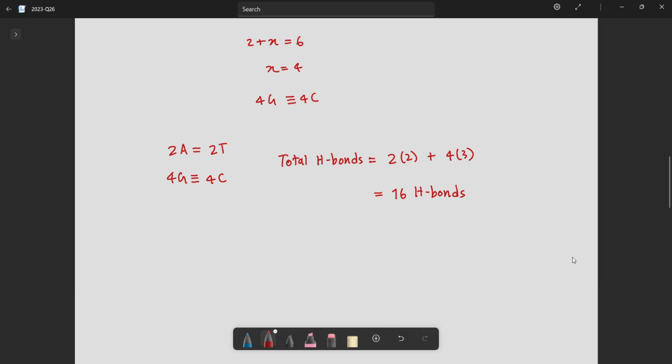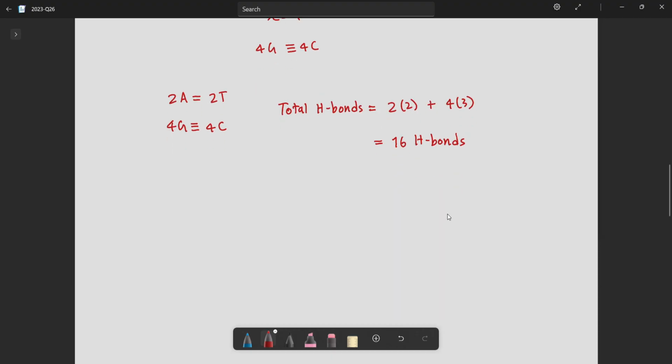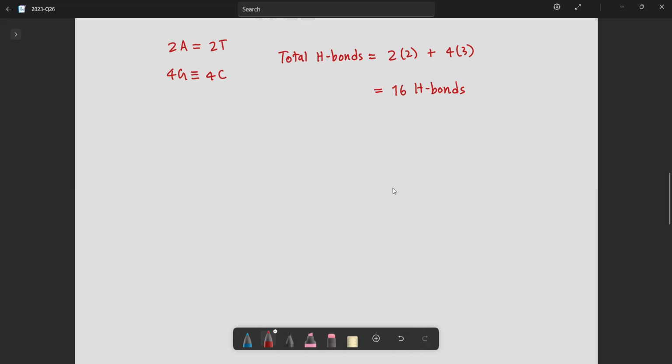Moving forward, we must also identify which are purines and which are pyrimidines. As I've mentioned before, the purines are adenine and guanine, since they have a two-ring structure, and the pyrimidines are cytosine and thymine.